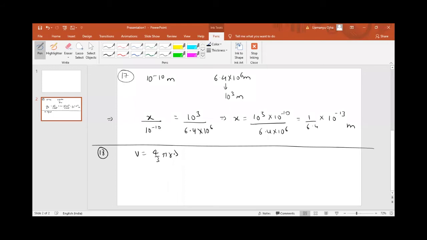So that would be 4 by 3 pi, radius is how much? 5 femtometer means, what is it, how much? 10 to the power minus 15, whole cube. Yes, 10 to the power minus 15, whole cube. So if you solve this, you'll get the answer.